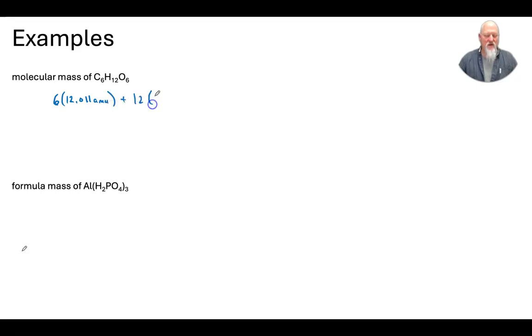Hydrogen we just saw was 1.008 AMU, and we multiply that by 12 because there's 12 hydrogens. And then oxygen we saw was 16.00. We need to multiply it by 6 because there's 6 oxygens in a glucose molecule.